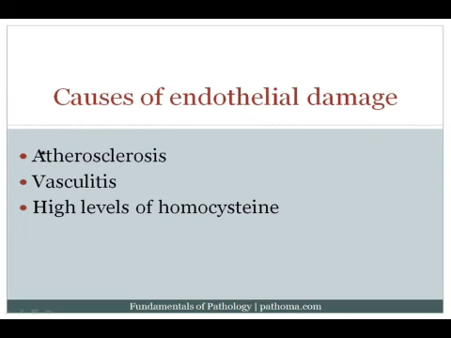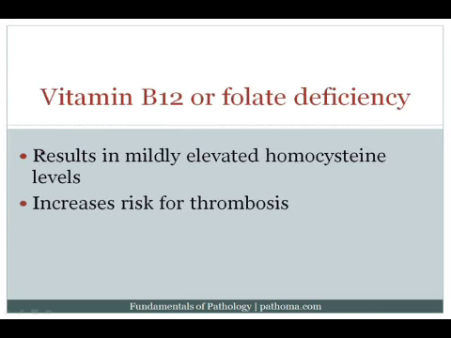There's a couple ways by which we can get elevated levels of homocysteine. One way would be to develop a vitamin B12 or folate deficiency. Now the idea here is that when patients become vitamin B12 or folate deficient, they can no longer convert homocysteine to methionine. Recall from biochemistry that folate, when it comes into the body as tetrahydrofolate, so let's call that THF, it gets methylated.